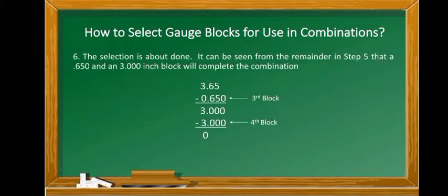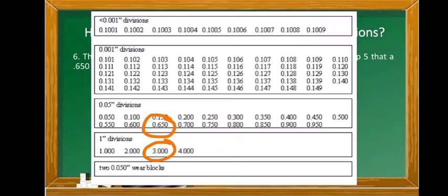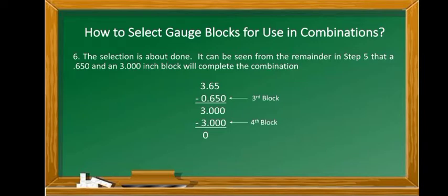So the selection is about done. It can be seen from the remainder in step 5 that a 0.650 and 3 inches block will complete the combination. Our remaining length earlier is 3.65, so we are going to choose a block that will eliminate the decimal places, the 0.65.